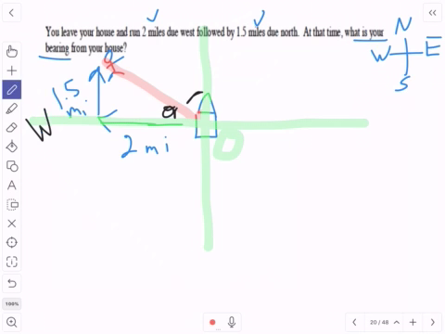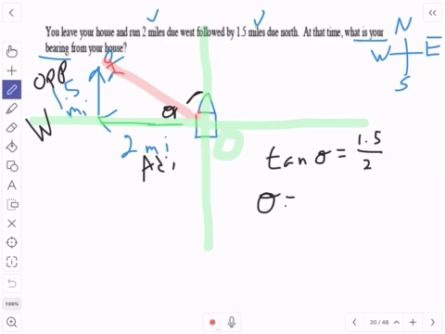Which trig function? Tangent. We're going to be using a lot of tangent today. And so I'm going to do tangent is the opposite over the adjacent. So that'll give us 1.5 miles divided by 2 miles. And so we can do tangent theta is equal to 1.5 over 2.